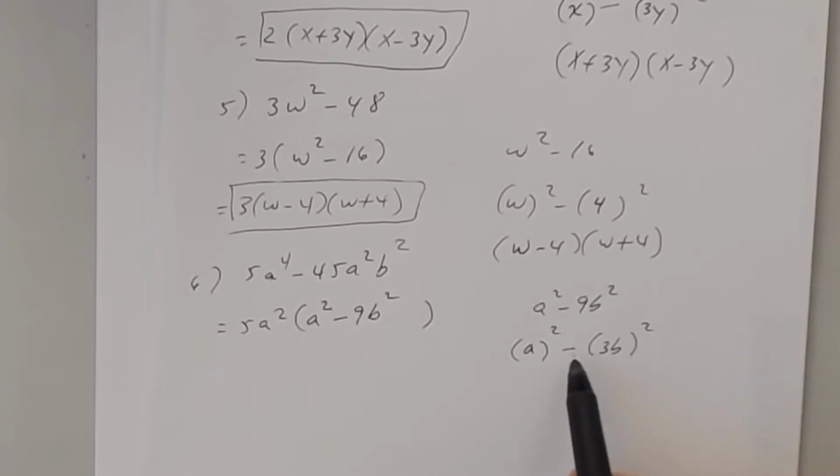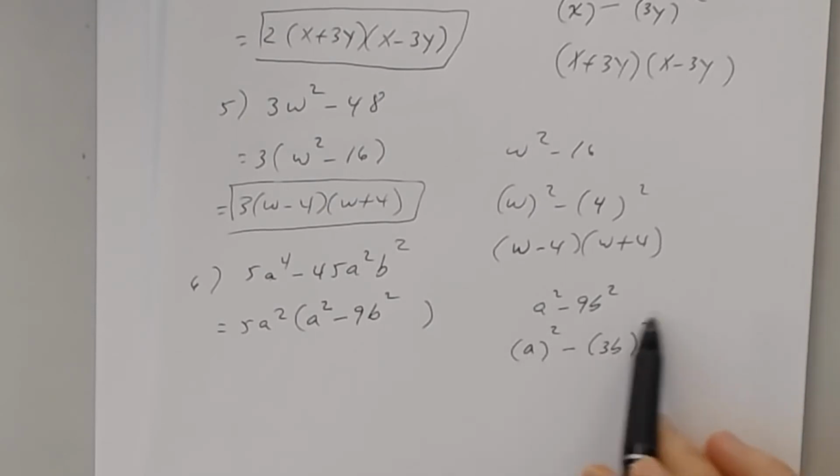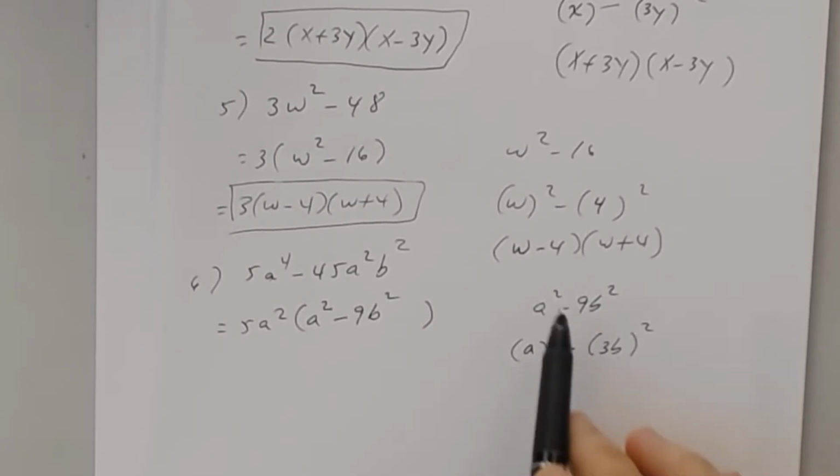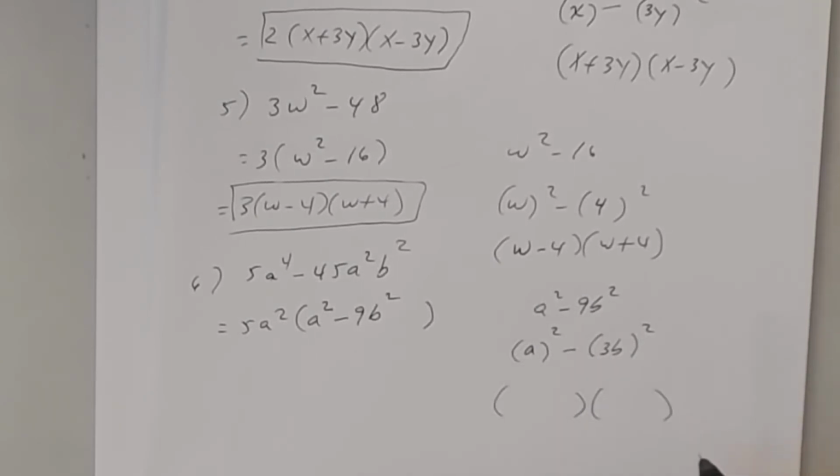So notice I wrote it as the difference of two what? Squares. That's what this is. Now that's not your answer for factoring, because you have to write it as a product of two binomials.